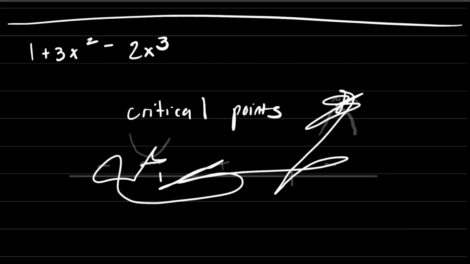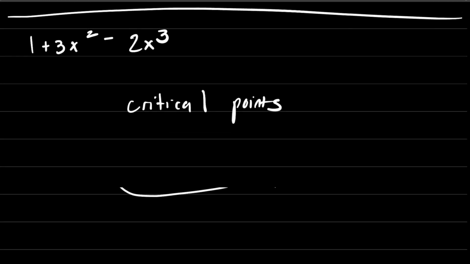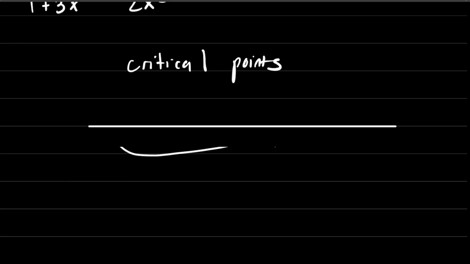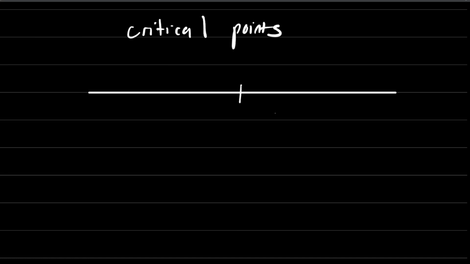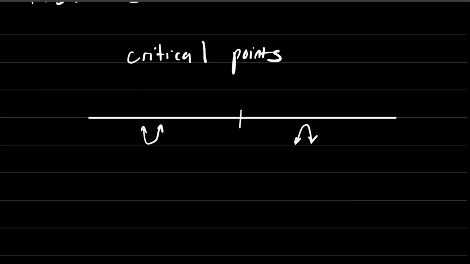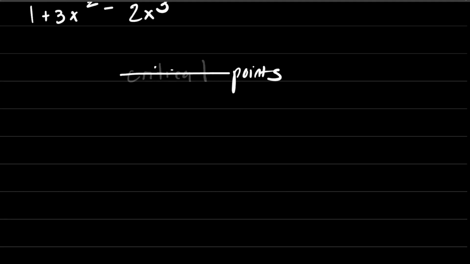The second derivative test has you take the second derivative, naturally, and then determine whether things are local maxes or local mins based on whether it's concave up or concave down. It still requires you to do the first derivative test so you can figure out what your critical points are. So in my mind, it's just a waste of time, and we are not going to do it. We're just going to do the first derivative test to solve these problems.